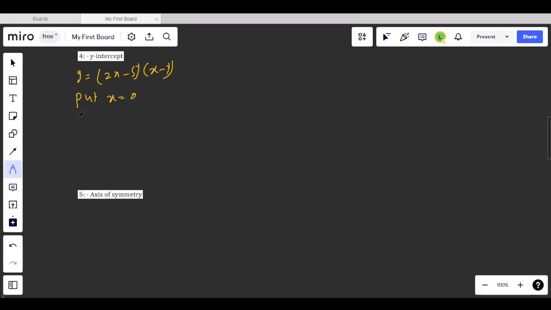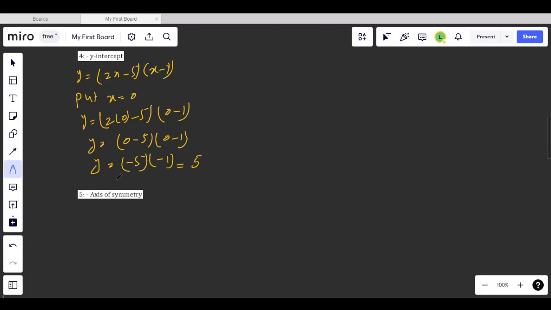So putting x is equal to 0, we have y is equal to 2 into 0 minus 5 and 0 minus 1. This will simplify to 0 minus 5 and 0 minus 1, or this will become minus 5 into minus 1, and 5.